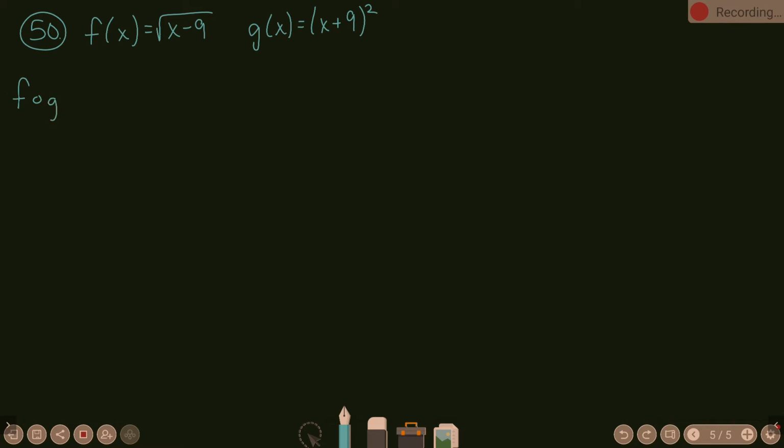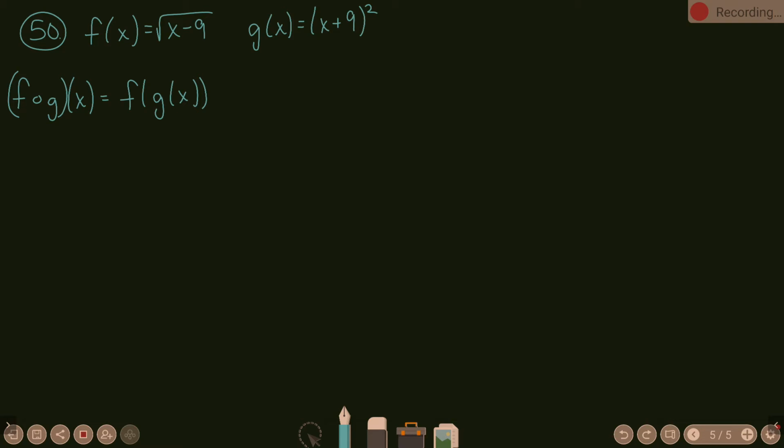So, first one I'm going to try. We have to do them both to know for sure. But I'm going to look at f composed with g of x, or I more commonly say fog. I don't know if all math teachers do that, that's just me, but I know you'll hear fog other places. So this is also f of g of x. f of g of x says we take g and put it into f, correct?